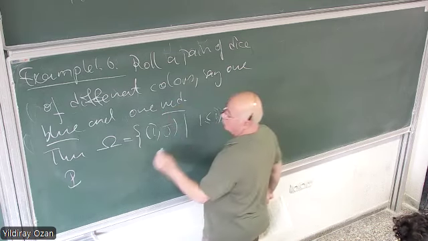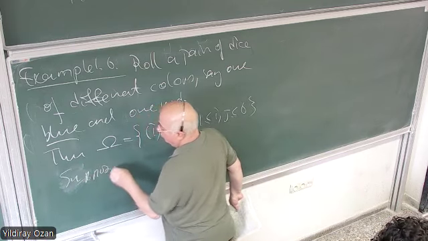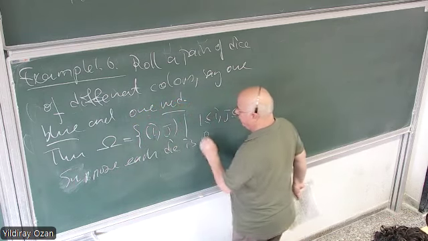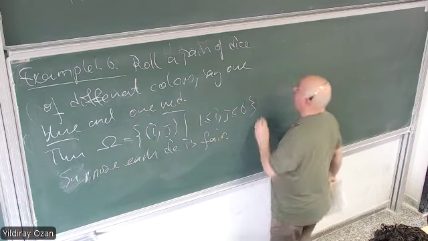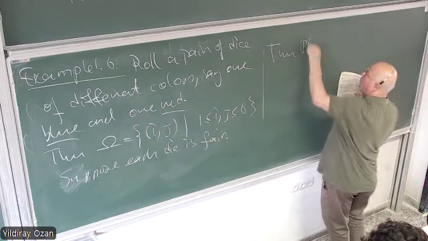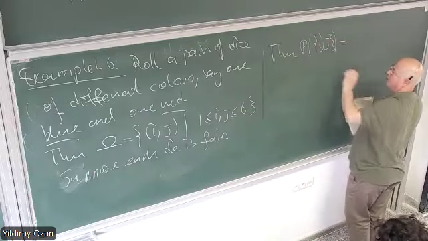Assuming that each die is fair, then the probability of any outcome is what?